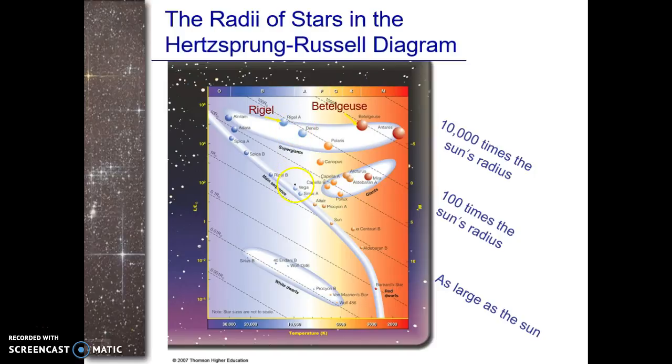Vega is down here, this little star. They are the same temperature, but Rigel is bigger, so it's a supergiant. Then in this little cluster we have our giants. The giants are right above the main sequence stars. They're cool and luminous, about 10 to 100 times larger than the sun.